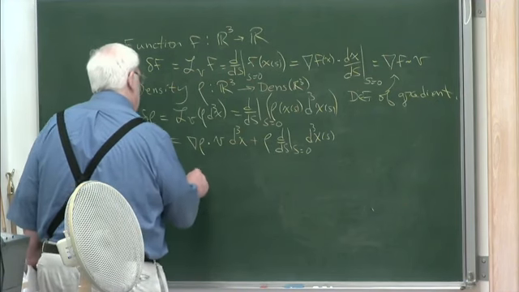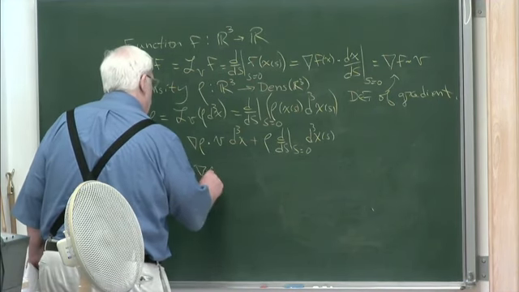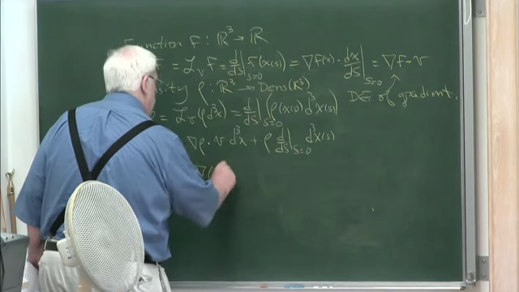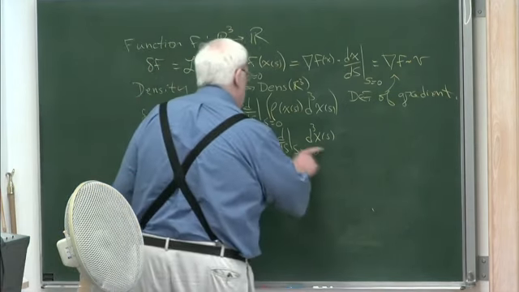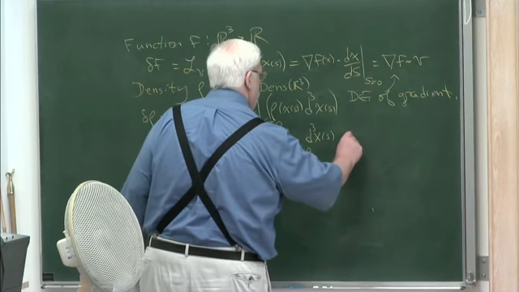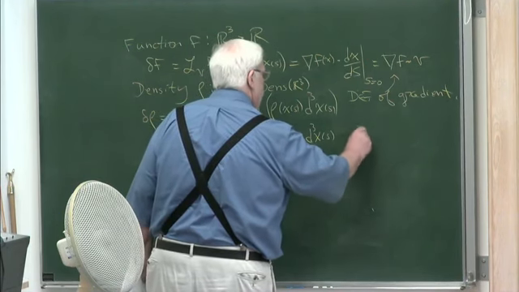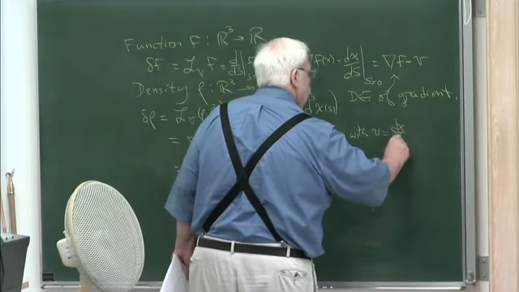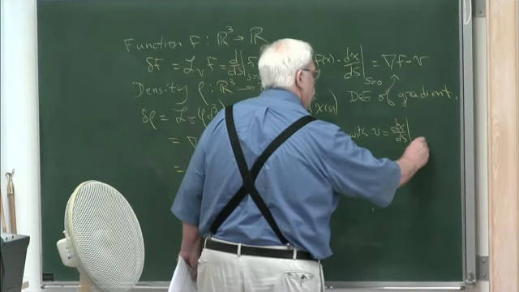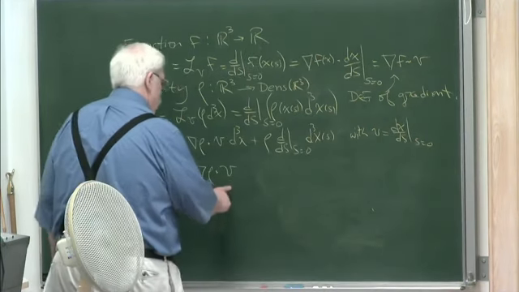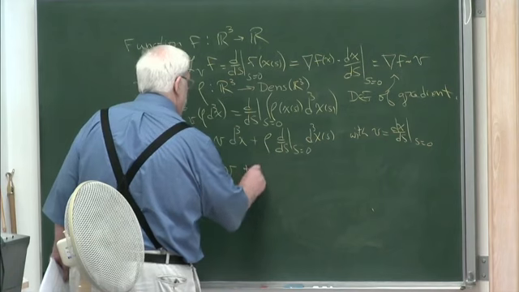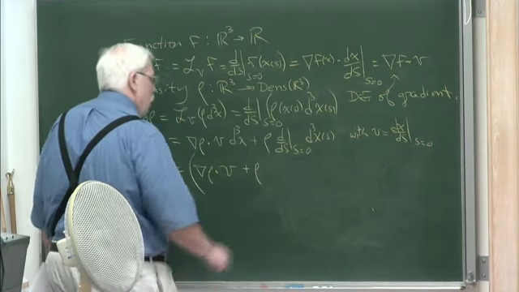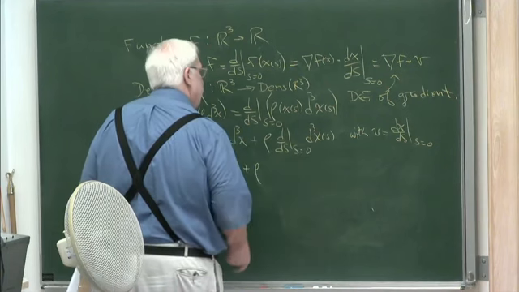This guy is grad rho dot v, and keep this in mind, the v is dx ds at the identity, s equals 0, plus rho times this quantity.